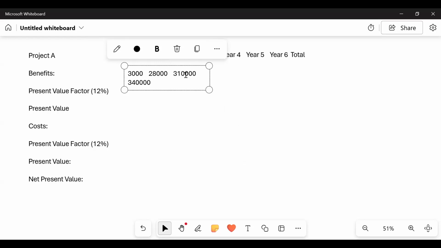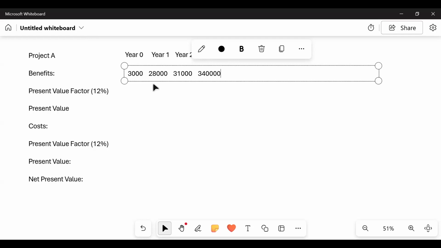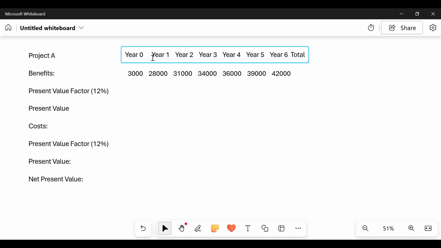Likewise, for all the years, you have to adjust the values. Then 34,000, then you have 36,000, then you have year 5, 39,000, then you have 42,000. So these are year 1, year 2, year 3, year 4, year 5, year 6. Then you have total. So these are the benefits values.